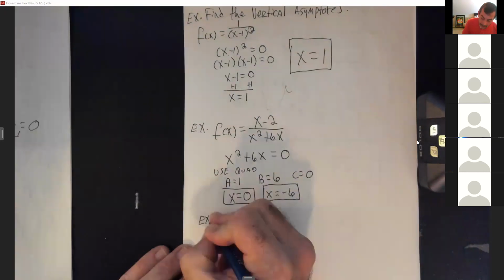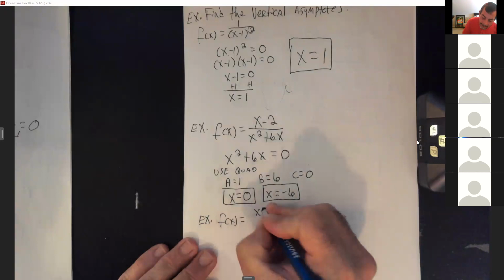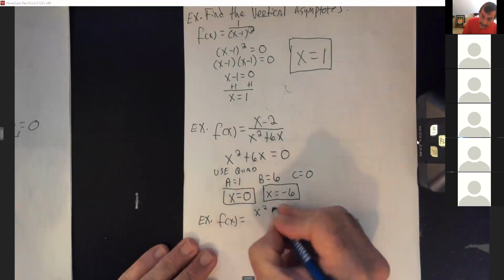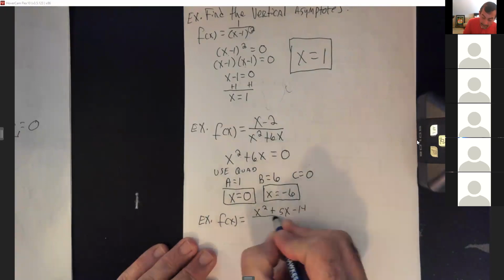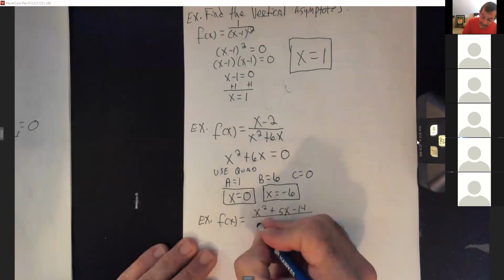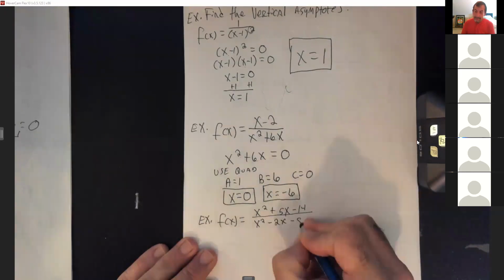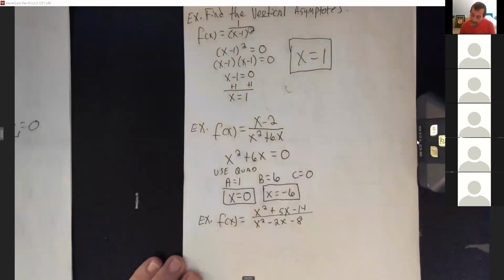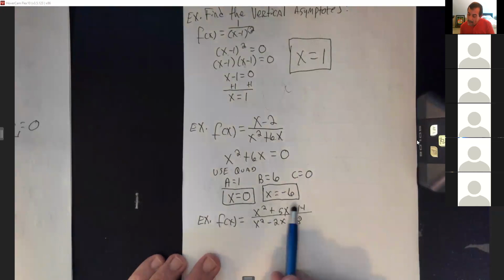All right, y'all. F of x equals x squared plus 5x minus 14 over x squared minus 2x minus 8. Now this one, since that top is in a trinomial form, I'm going to quad that to make sure none of those factors cancel with my bottoms.